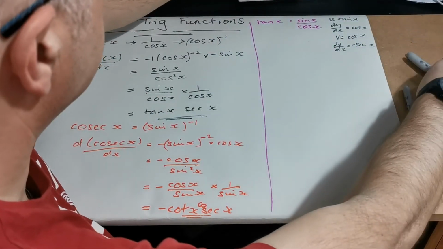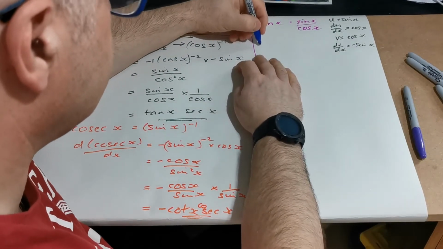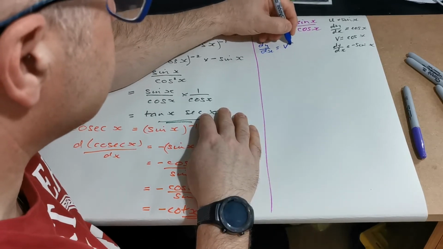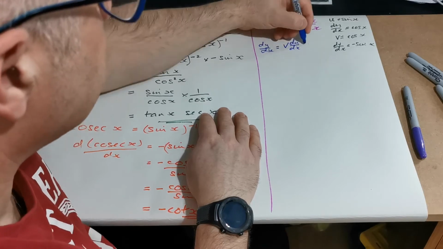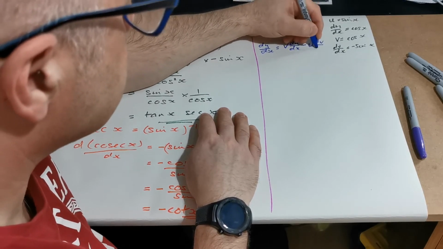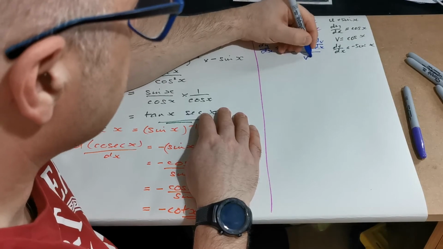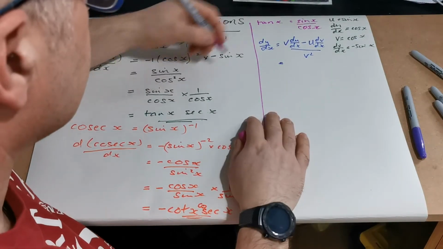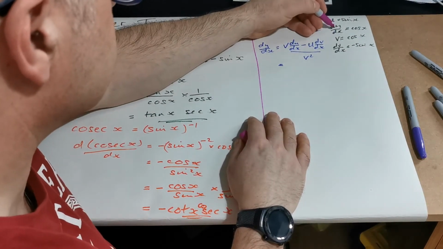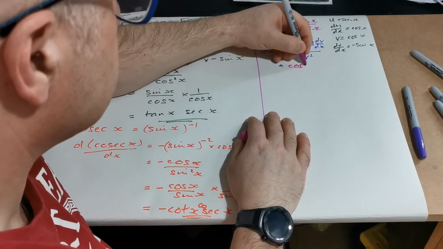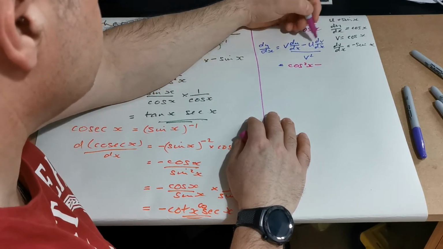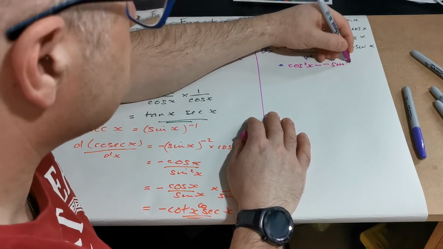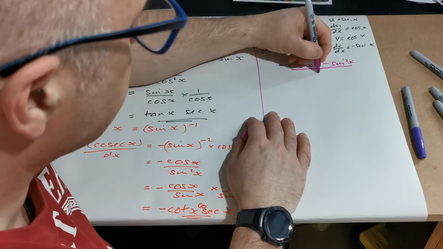So when I write down my quotient rule formula, dy by dx is equal to v du by dx minus u dv by dx over v squared, I get overall v times du by dx, that's cos squared x, minus u times dv by dx, which is minus sine squared x, all over cos squared x.